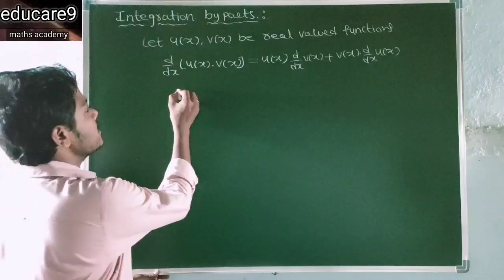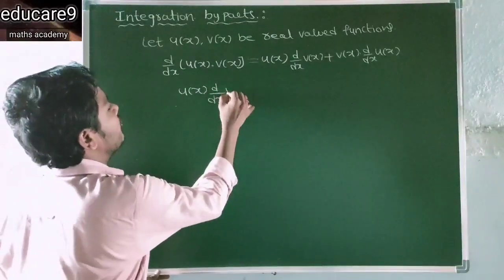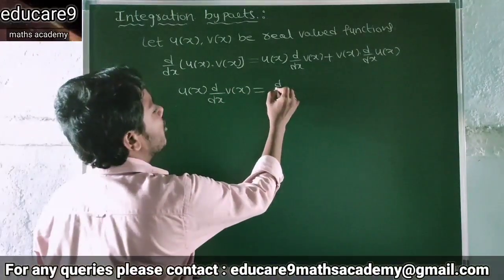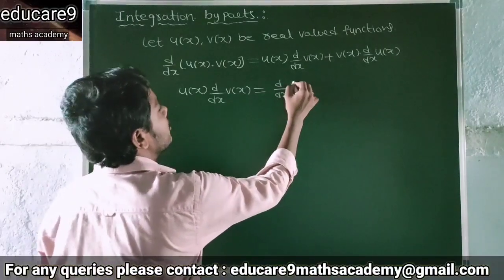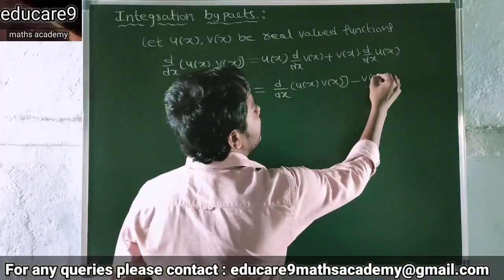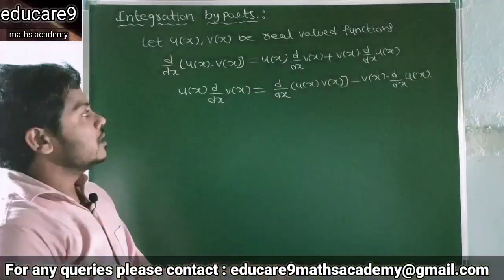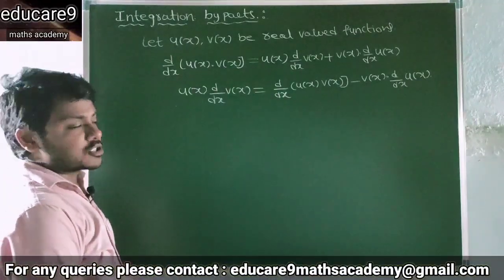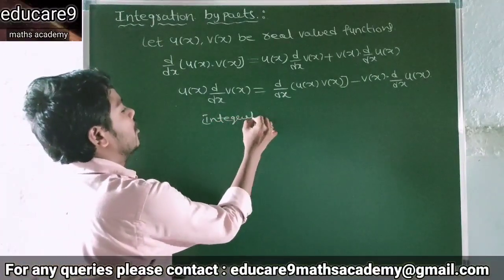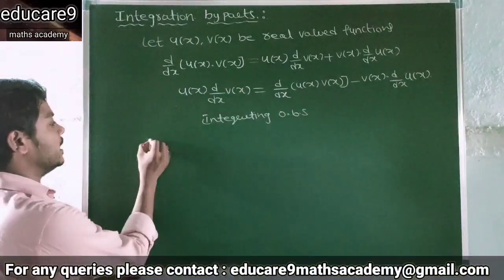Now u of x d by dx of v of x is equal to d by dx of u of x v of x minus v of x into d by dx of u of x. Integrating on both sides, what you get?